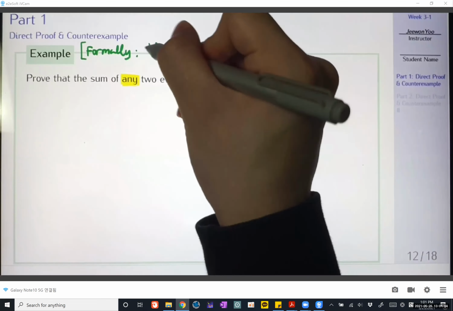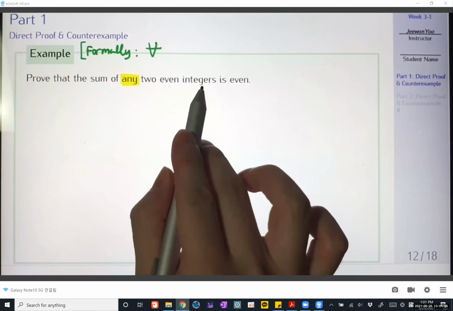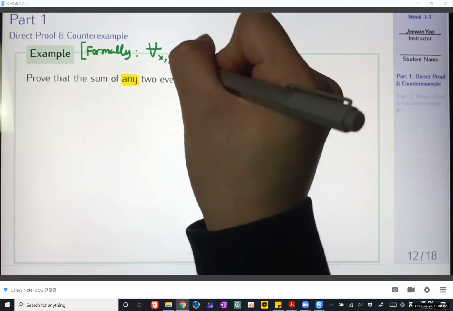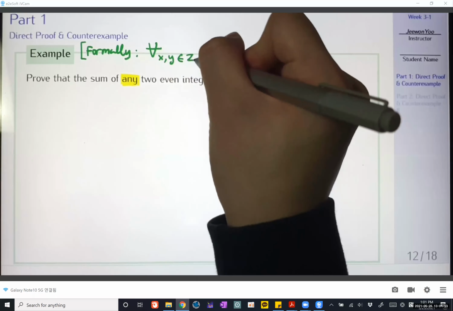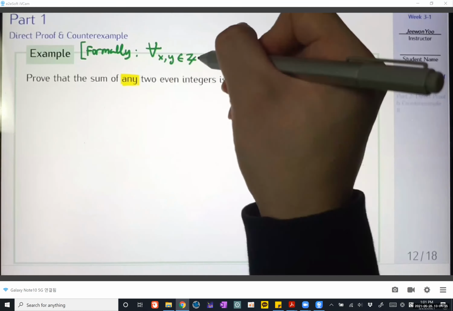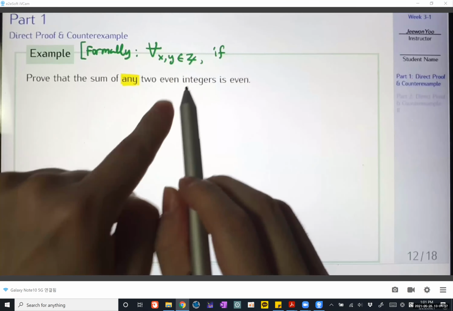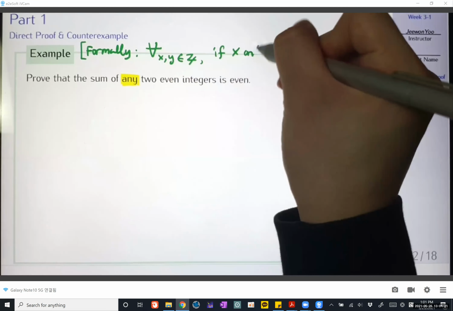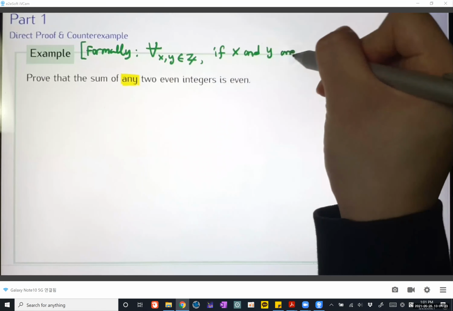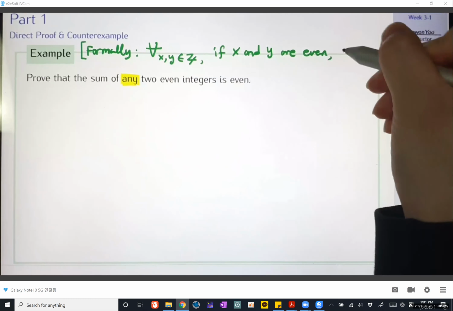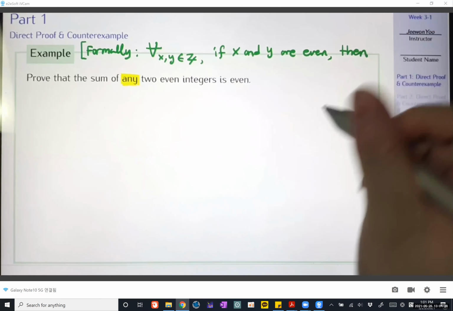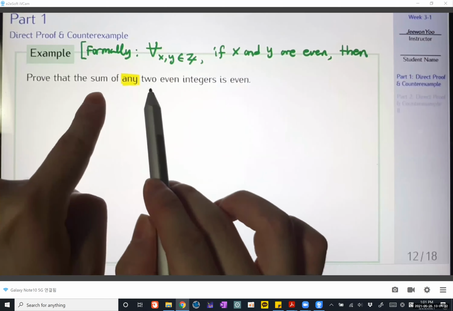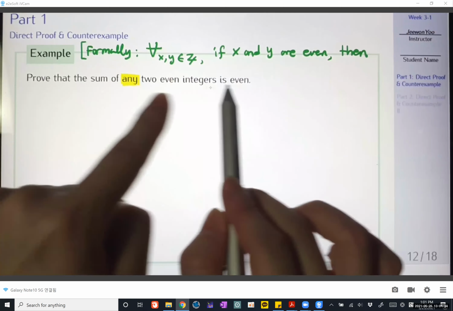For all x, y in Z, if x and y are even, then what is our conclusion? The conclusion is this: the sum of the two even integers, x plus y, must be even as well.